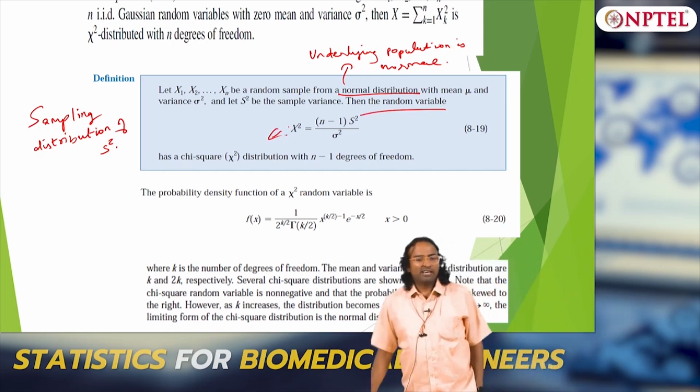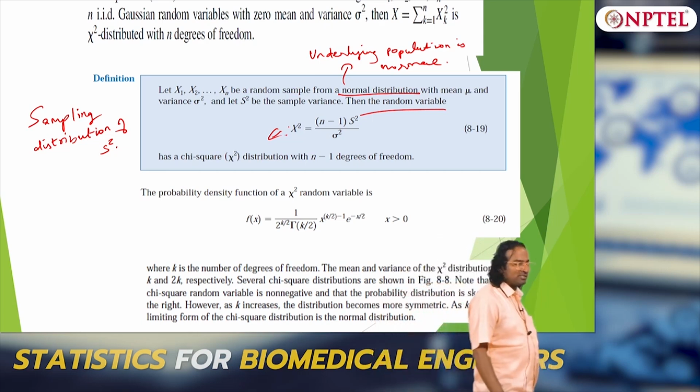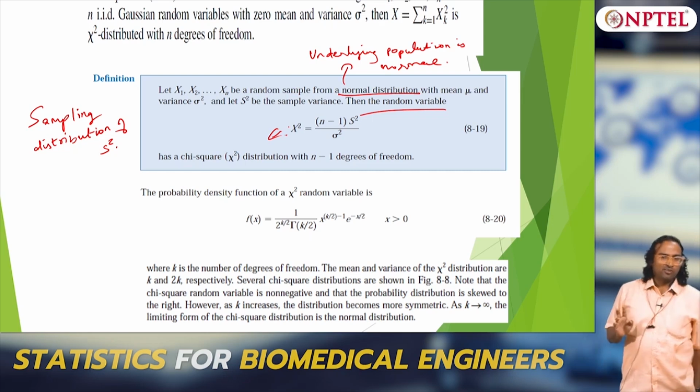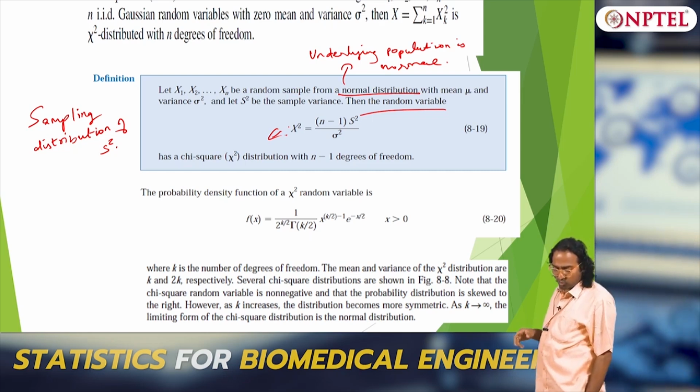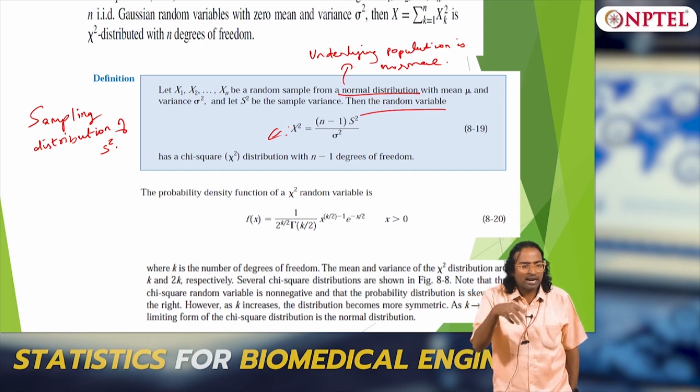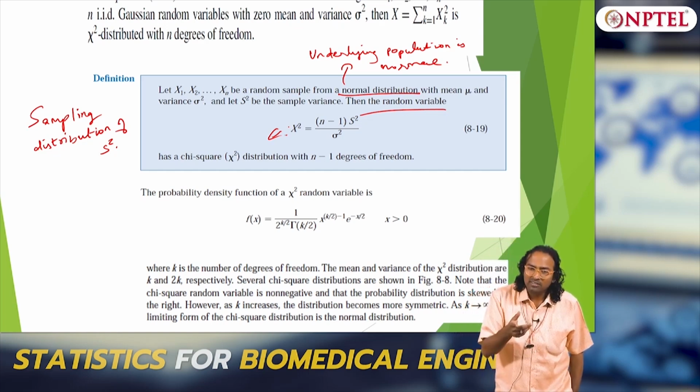In other words, S squared follows a chi square distribution. So a sum of squared normal random variables follows chi square.